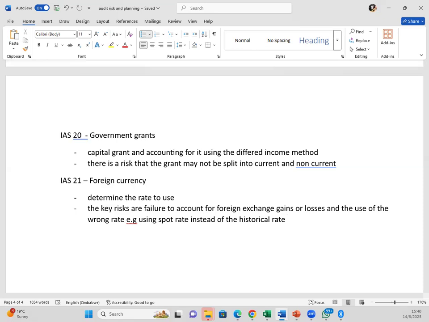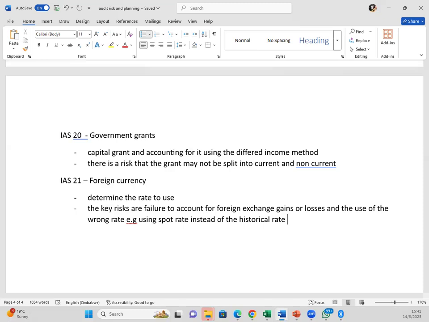Then for monetary items, we use the spot rate. For non-monetary items, we use the historical rate. So there is a problem regarding failure to account for it.